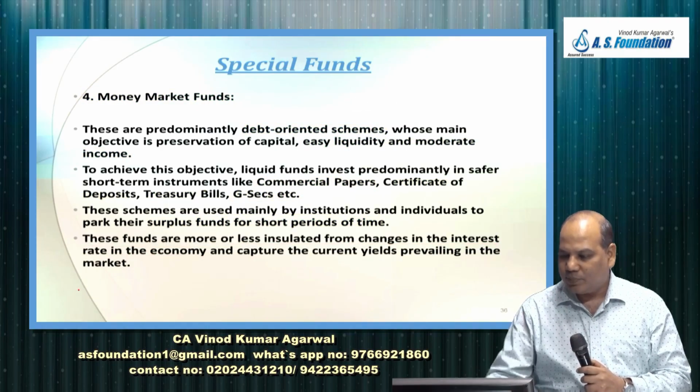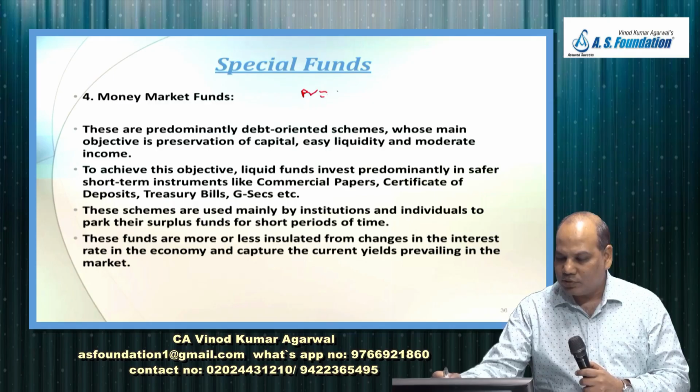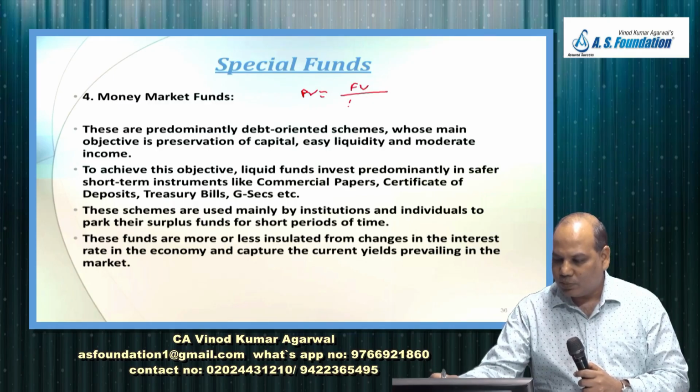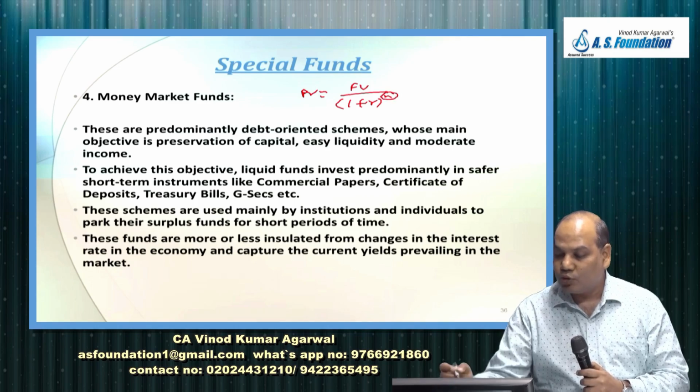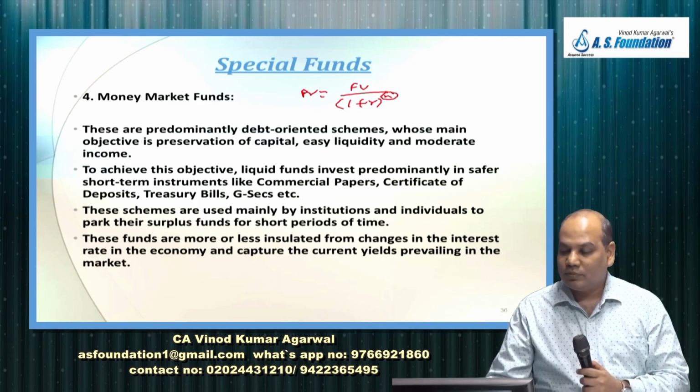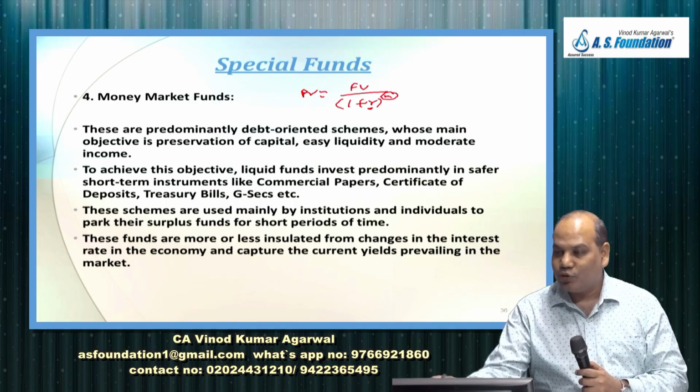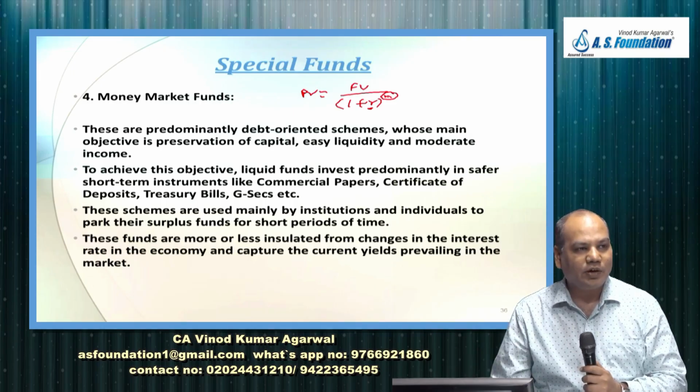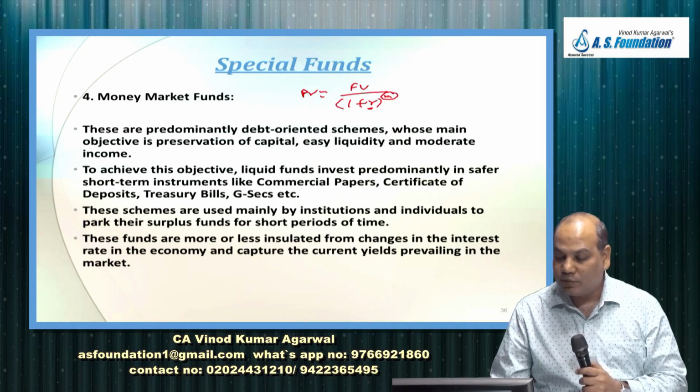See, the present value formula is future value upon (1 plus r) to the power n. But if this n is so small, even if the r changes, the value does not get affected much. The value will get affected much if the n is high.